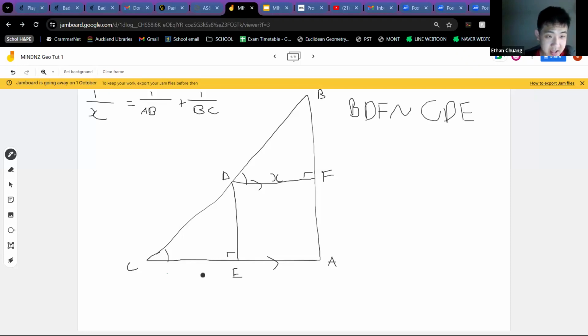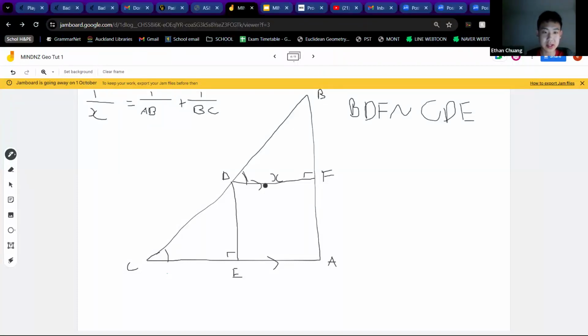BDF and BAC because of angle, angle, angle. Yep, that's right. So you see, these two angles are the same, and then this 90-degree angle, this 90-degree angle. So yeah, BDF is also similar to ABC.